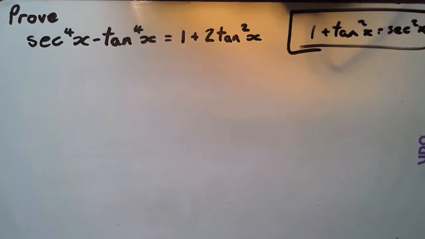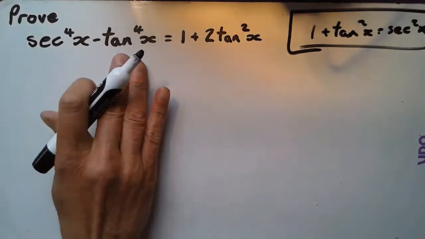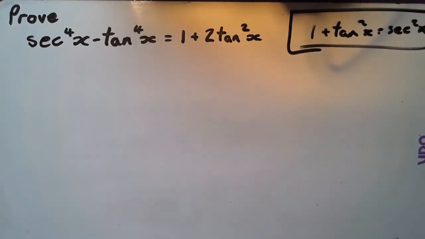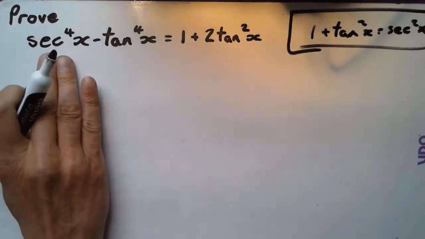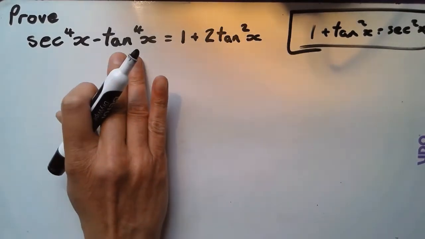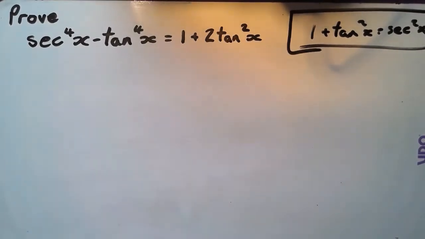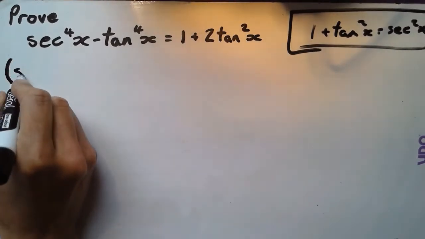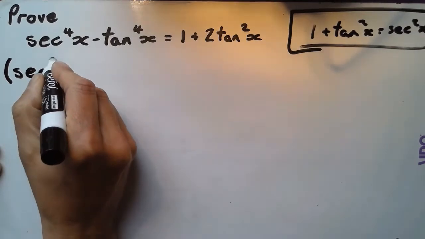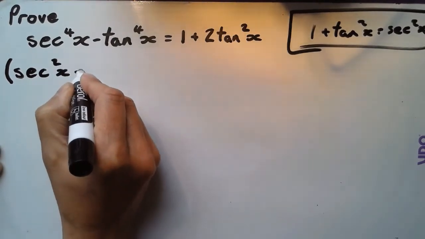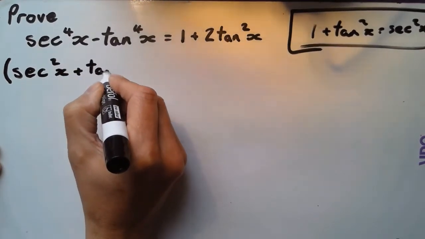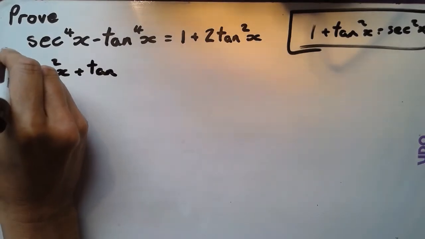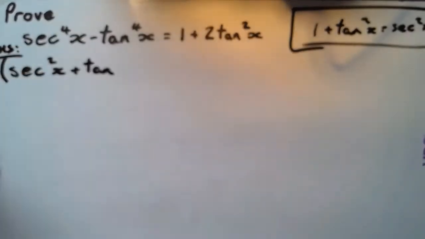One thing you could notice is that this is actually the difference of two squares. So this is sec squared squared, and that is tan squared squared. What I should have said was I'm going to start from the left hand side and go to the right hand side.